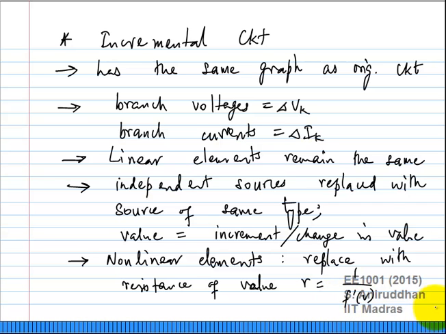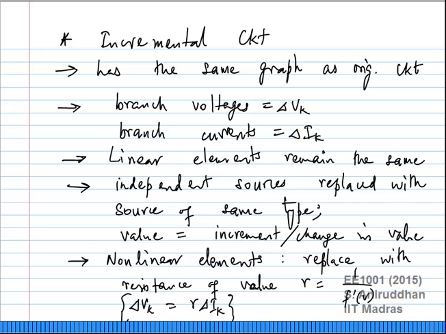For those nonlinear elements, the delta v, delta I relationship is now also linear. You can write delta vk as R times delta ik for these nonlinear elements in the incremental equivalent circuit. Is that clear? Good so far? Okay.